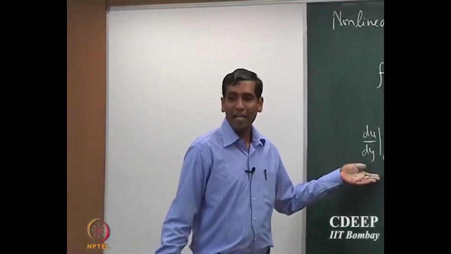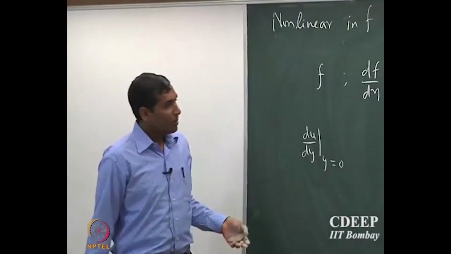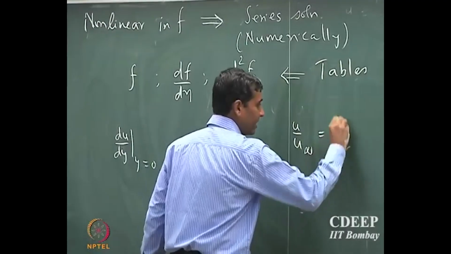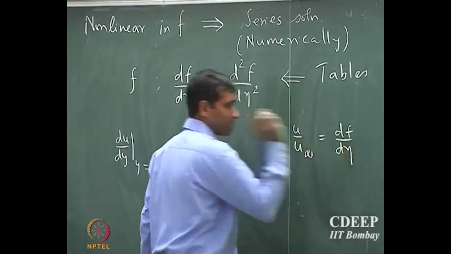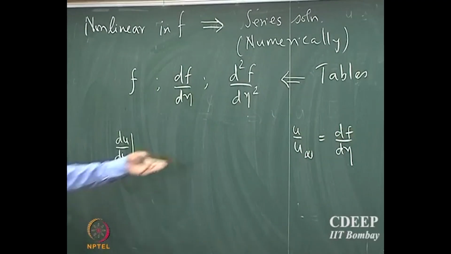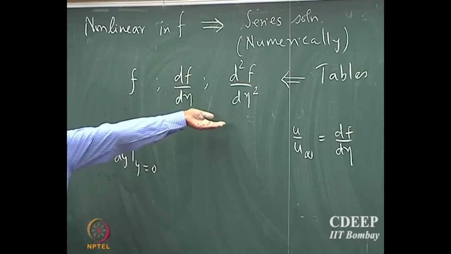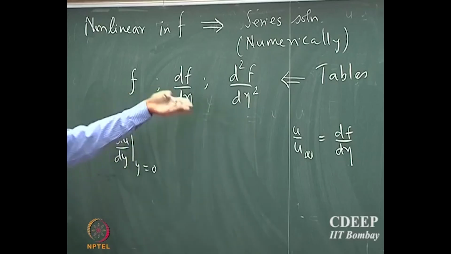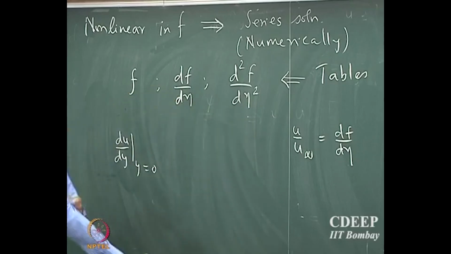So if we know du by dy, we are done. So remember the expression for u by u infinity is df by d eta. So if you want du by dy, you need to know what is d square f by d eta square. So it's for that purpose the tables have been drawn in these three categories. Okay.